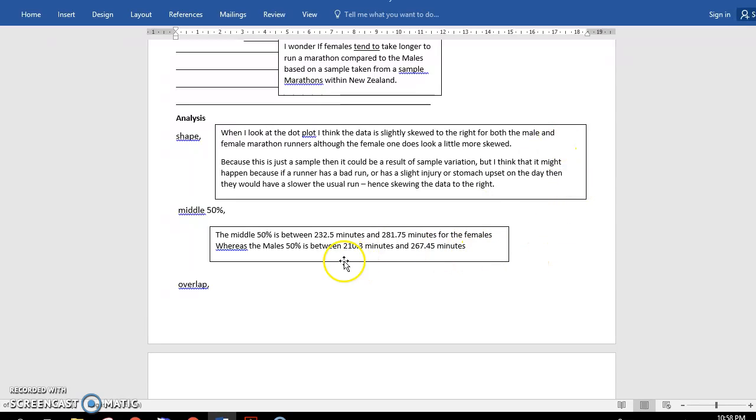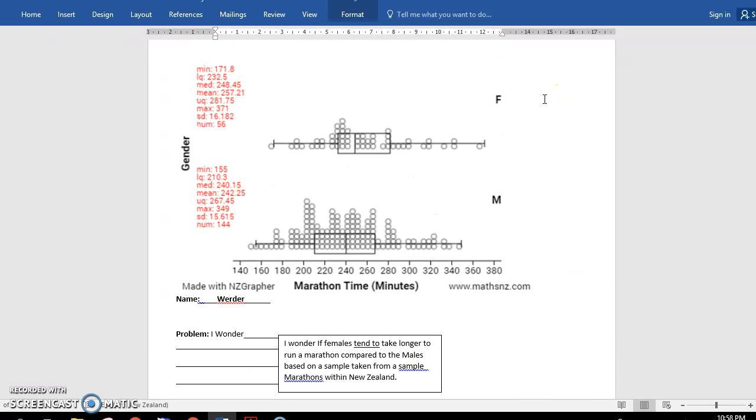I just simply read it off, so 232.5 minutes for the females is this value up here. So it's between the lower quartile and the upper quartile. This is the middle 50%, 25% in this box, and 25% in that box. Same with these guys.